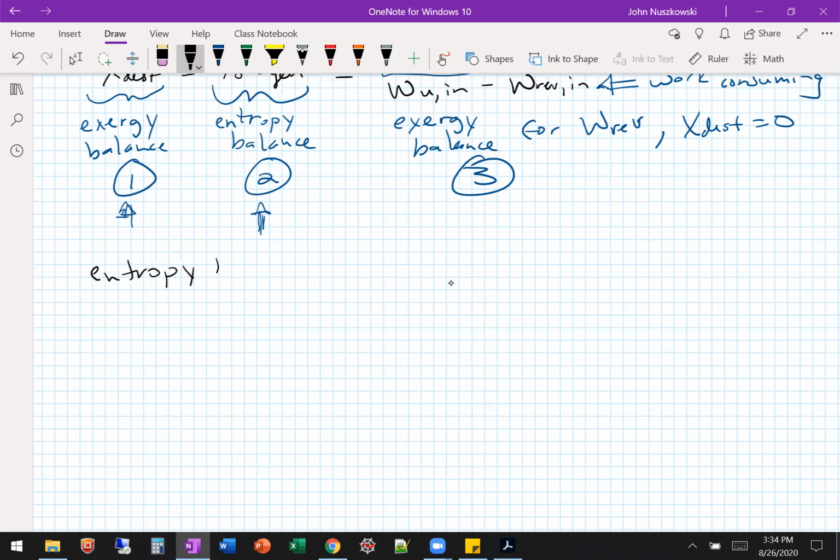So we've got entropy balance, open system. Oop, and I'm just crossing it right out, making it impossible to read. Good enough.